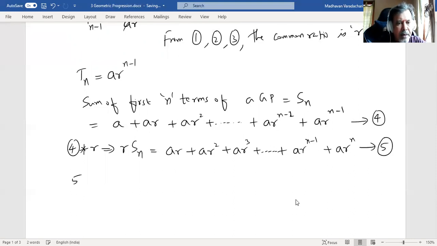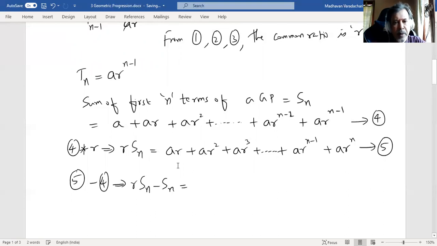Now, if I subtract the fifth equation minus the fourth equation, we will have R into Sn minus Sn is equal to, AR gets cancelled. Everything will get cancelled. This is the same. This will get cancelled, this will get cancelled. Likewise, here that element will get cancelled, and then this will get cancelled with this, and the previous element will get cancelled with this.